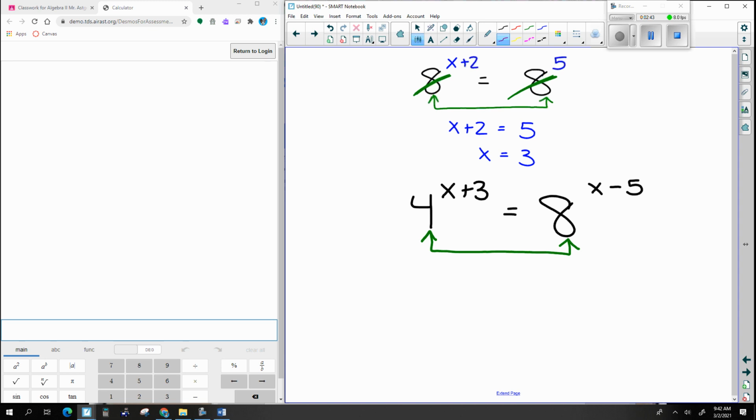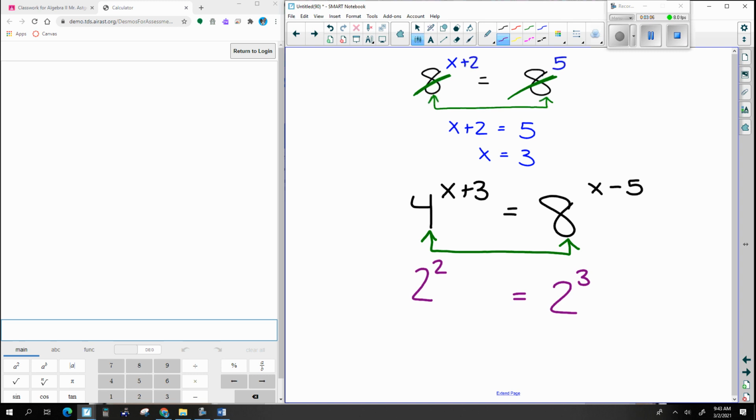Another way of writing the number 4 is 2 to the second power. 8 is 2 to the third power.